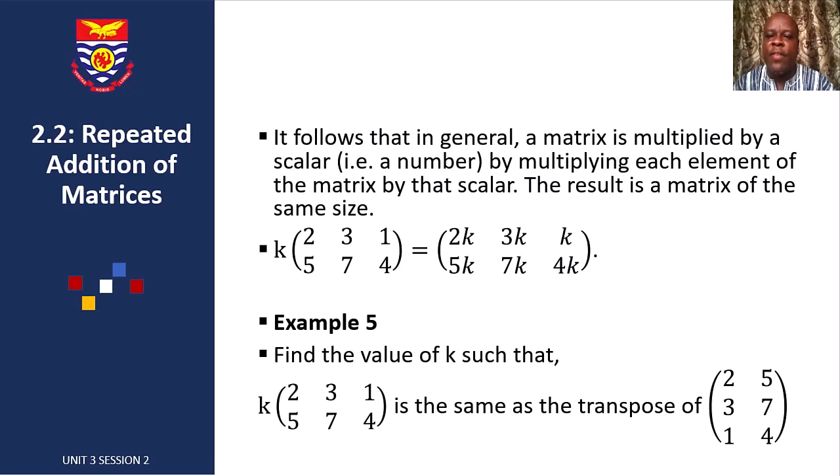Find the value of k such that k times the matrix 2, 3, 1, 5, 7, 4 is the same as the transpose of 2, 5, 3, 7, 1, 4. I would like you to give a try to this one before we get to the solution, so that you can compare your answer to what we will have.